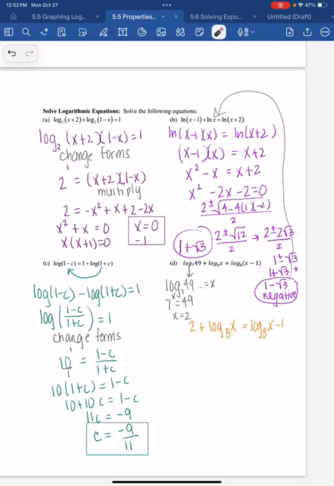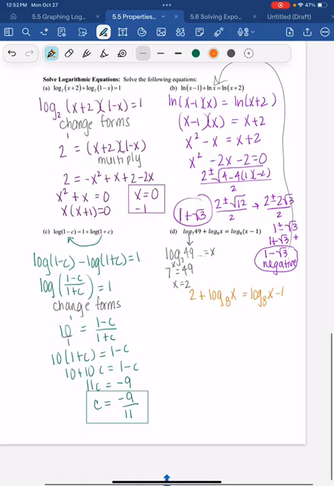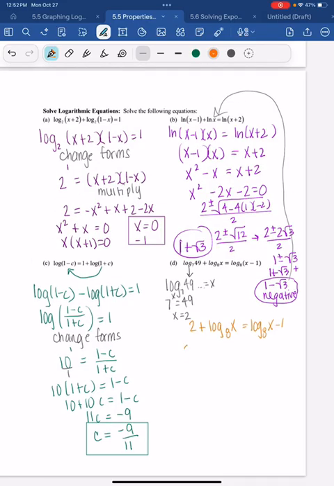And now I'm going to do what I did in the previous problem. I've got a log on the left, a log on the right, but then I've got this pesky 2. So I'm going to move the log base 8 of x to the other side by subtracting. So I'm going to get 2 equals the log base 8 of x minus 1 minus the log base 8 of x. When you subtract logs, you divide arguments.